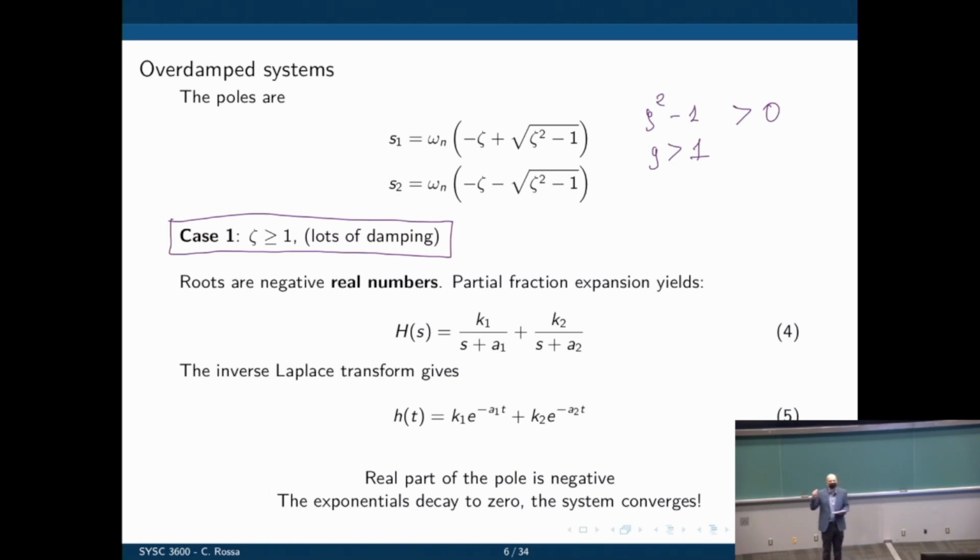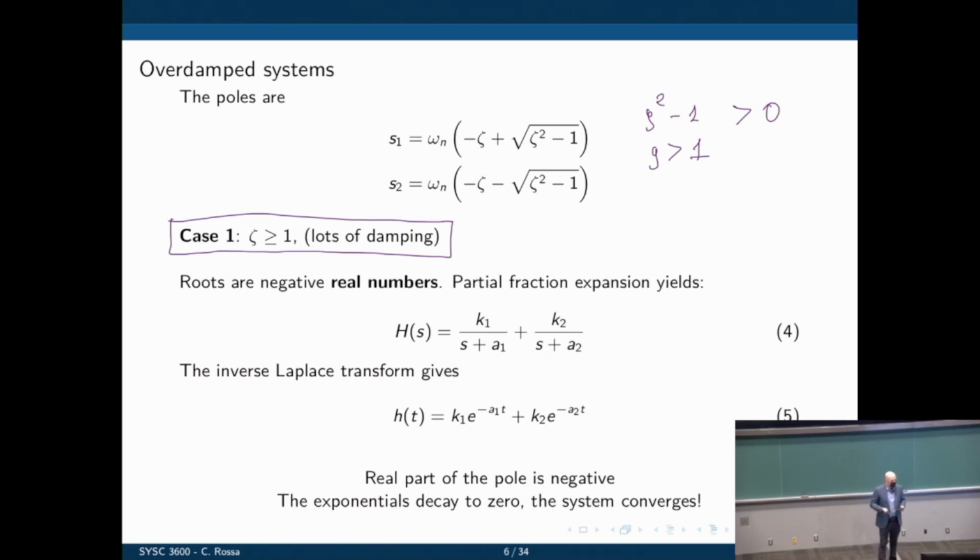Remember the case of the mass spring damper system. The damping ratio was directly proportional to the damping in this system. So here, if you have a zeta greater than 1, there's lots of damping. And the damping is there to dissipate energy. It's going to dissipate everything fast. The result of that mathematically is that the poles are only real numbers, 2 distinct real numbers.